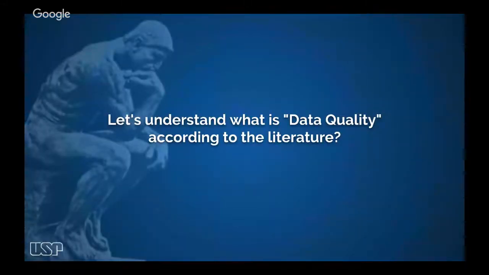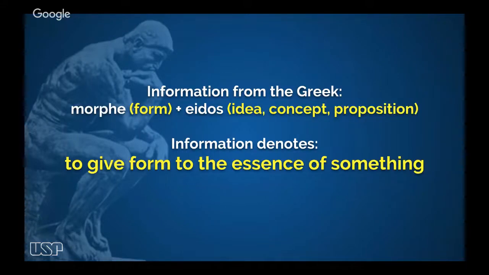The idea here is to understand what is data quality according to the literature. But before I go into the definitions of data quality, I want to give some introduction and start with the definition of information. Well, information from the Greek is morph plus eidos.